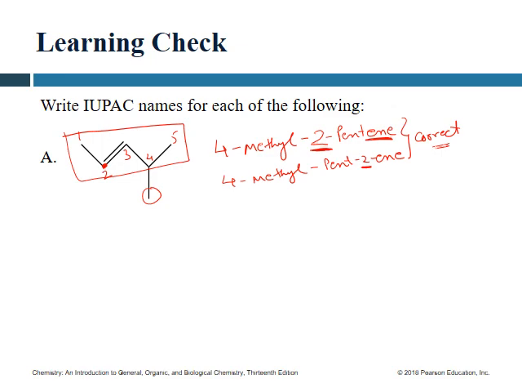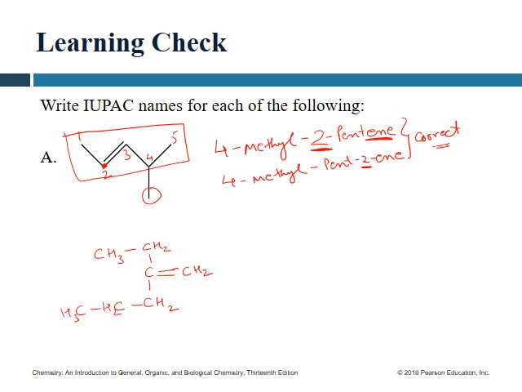Okay, so let me give you one more example on this. If I have CH3, CH2, then I have CH, then C double bond C, CH2, CH2, CH2, CH3.